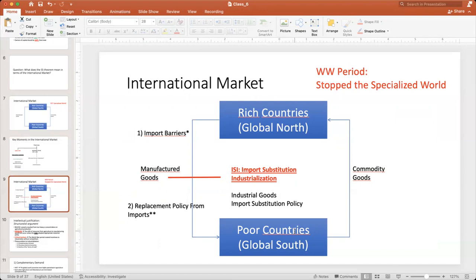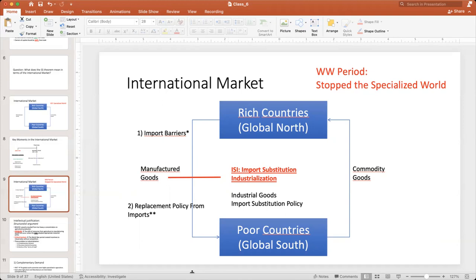And this is very important because if you are a citizen from a global South country and you want to buy a manufactured good, and you have manufactured goods that are produced abroad or domestically, it's very likely that the price of the domestic manufactured good in your country is higher than the same good that is produced in the global north.